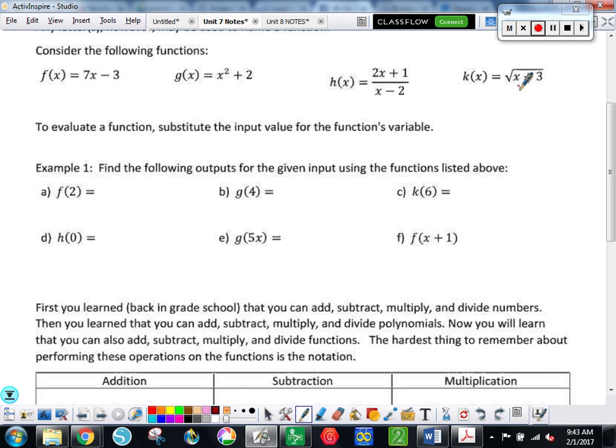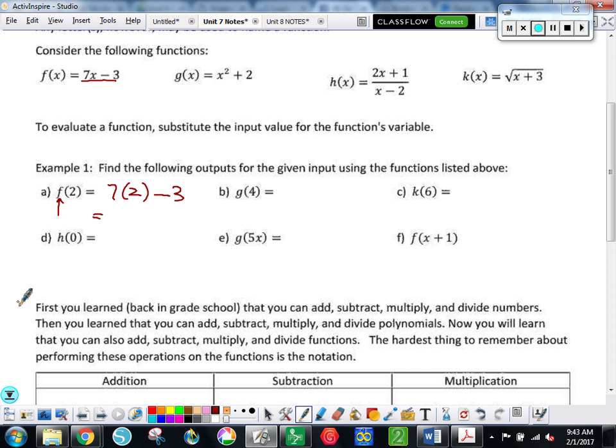To evaluate the function, this is what it would look like. This is saying f of 2. What this is asking is, if x is 2, what would my y value be? What would my function be? I know this might sound like a stupid question, but which of those 4 functions would I plug the 2 into? F, because it's the f letter. So I'm going to take my f function, and everywhere there's an x, I'm going to plug in a 2.